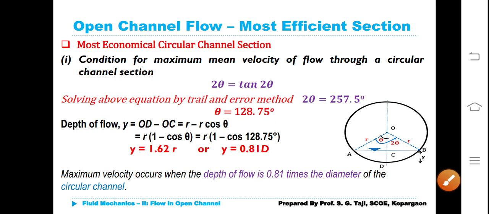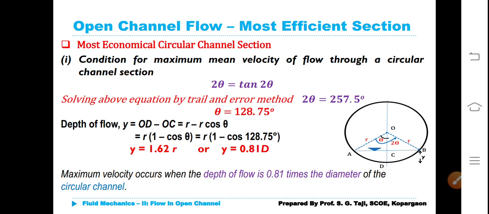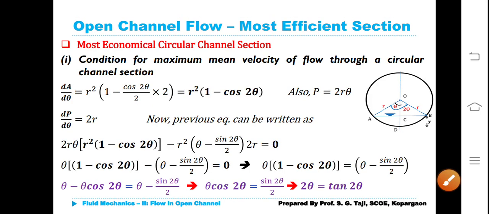Therefore, depth of flow y is equal to OD minus OC.